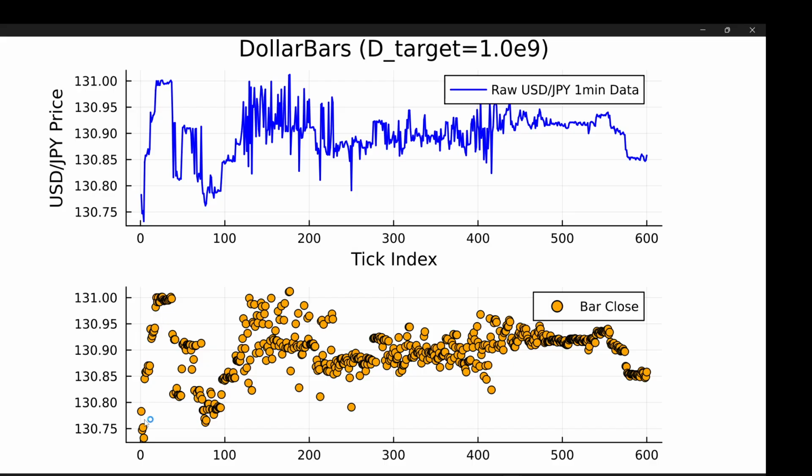And that's why you see that the distance is not uniformly distributed. Some are clustered together, some are far apart, which means that the $1 billion mark was always changing, right? From this point to this point, the $1 billion mark was fairly wide. But you look at these points over here, $1 billion was getting traded very fast, right?